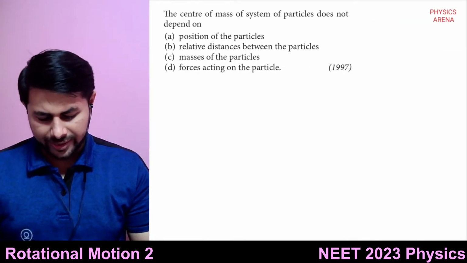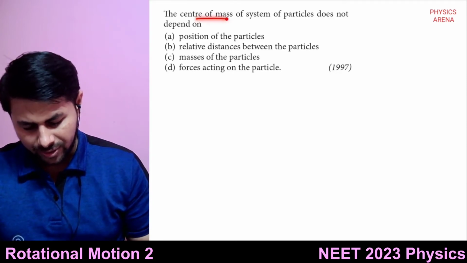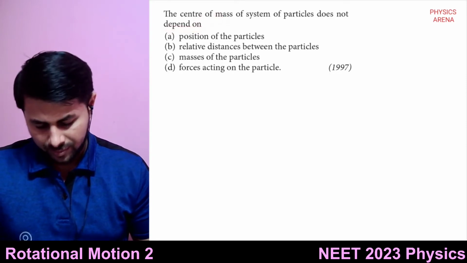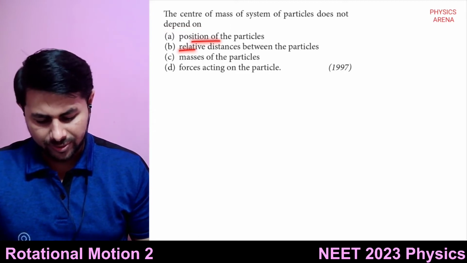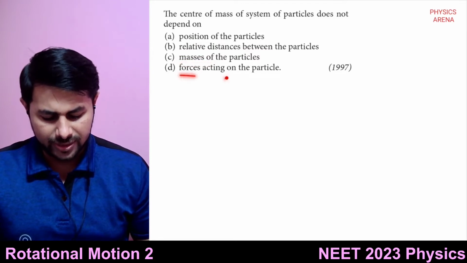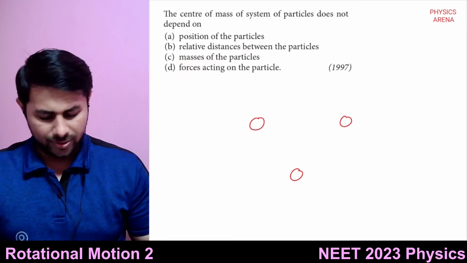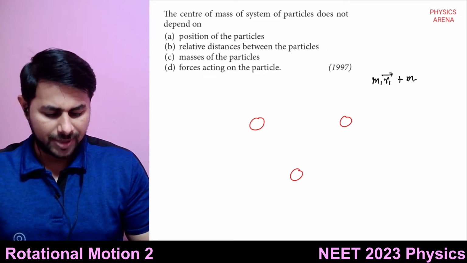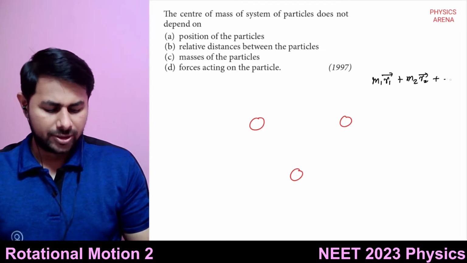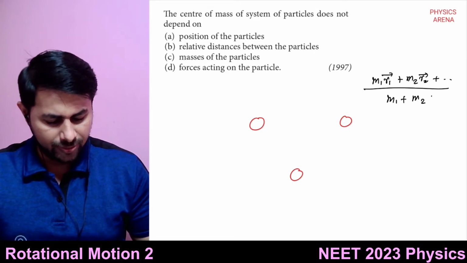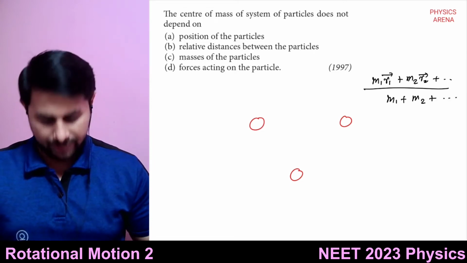Then the next question. The center of mass of a system of particles does not depend on position of particles, relative distances between the particles, masses of particles, and forces acting on particles. So what's the formula? It is m1 r1 bar plus m2 r2 bar and so on up to mn rn bar, divided by m1 plus m2 and so on up to mn.